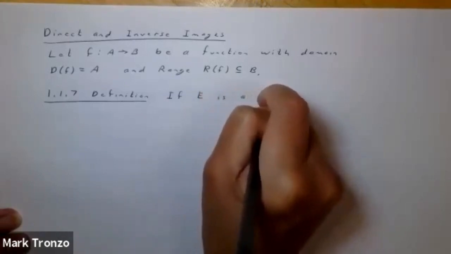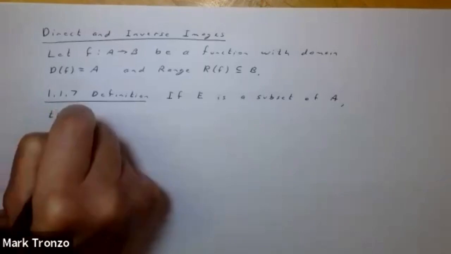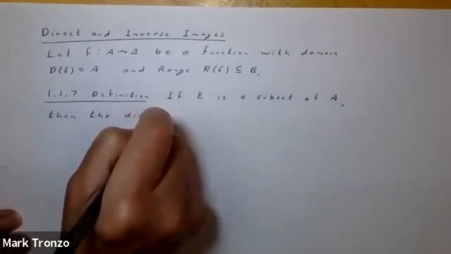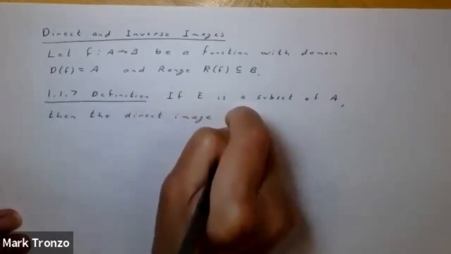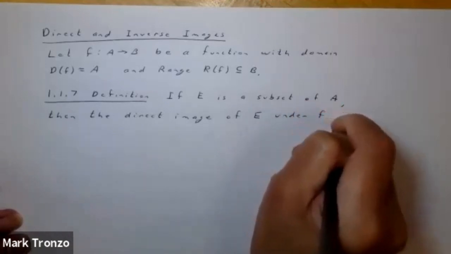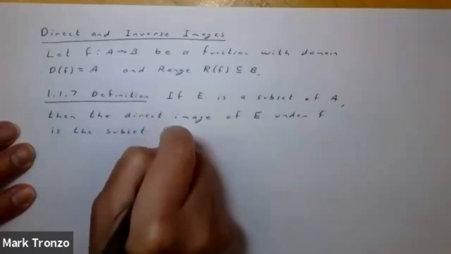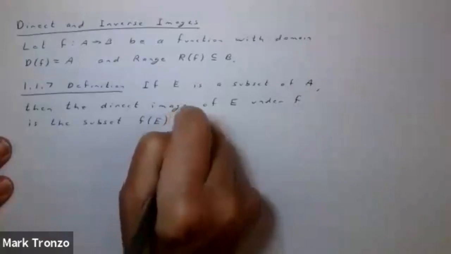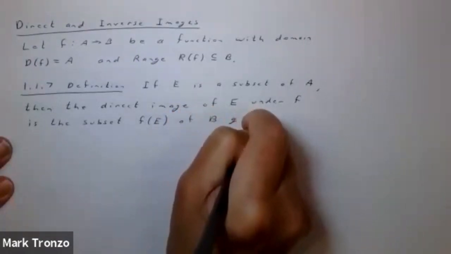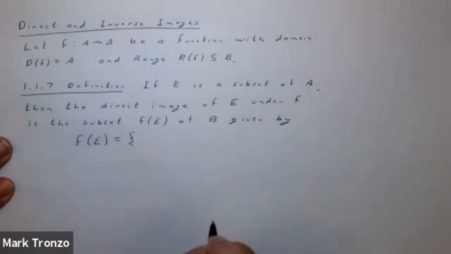Let E be a subset of A. Then the direct image of E under F is a subset F(E) of B given by F(E) equals, so again, we're taking a bunch of points in this set E and putting them into our function.